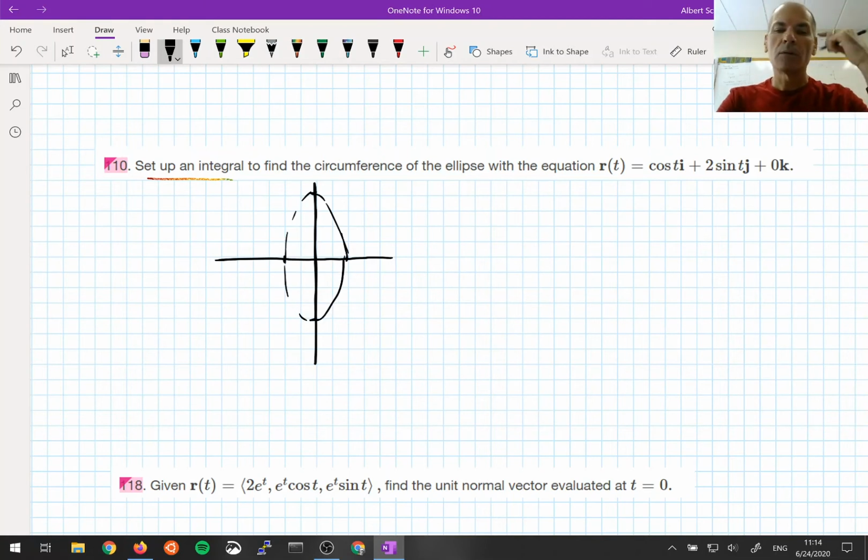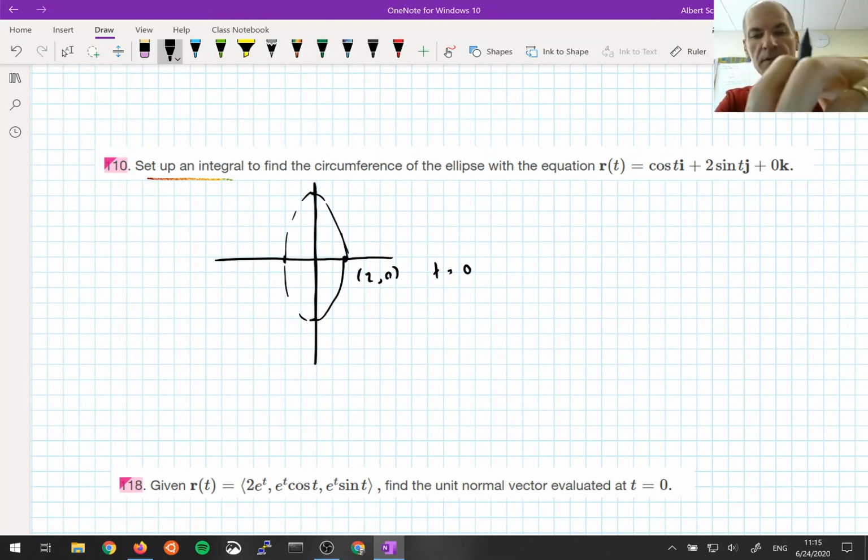All right. We want to figure out how long. If this were a piece of thread and I laid it out straight, how long would it be? That's the arc length. Well, in this parameterization, how do we go one complete traversal of the ellipse? Well, think about it a little bit. If you're here at the point 1, 0, that corresponds to t equals 0.